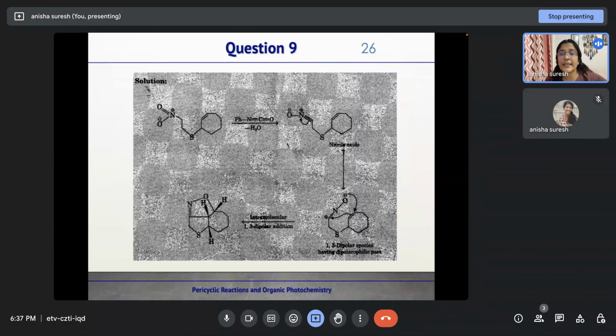So we can see here that this is the nitro group. In the presence of phenyl isocyanate, it will undergo dehydration, that is elimination of water, leading to formation of this nitrile oxide. So this is the 1,3 dipole, and this is the dipolarophile.